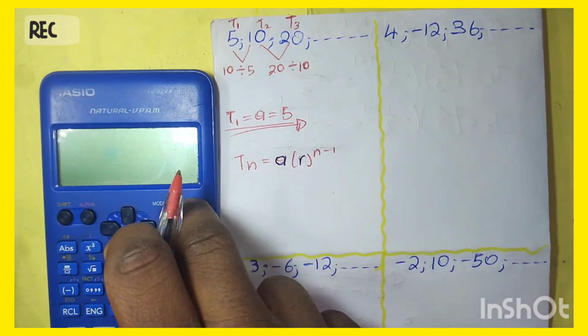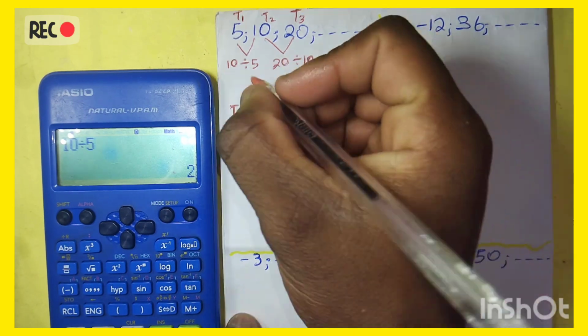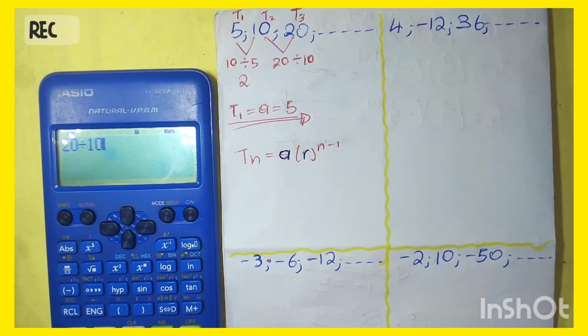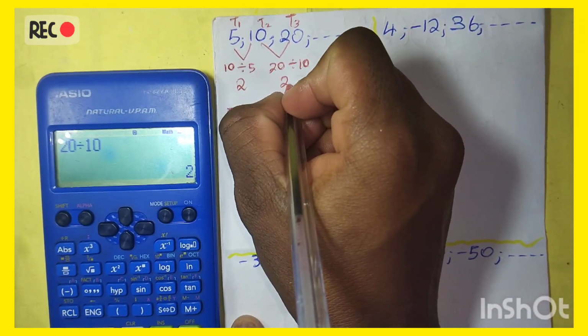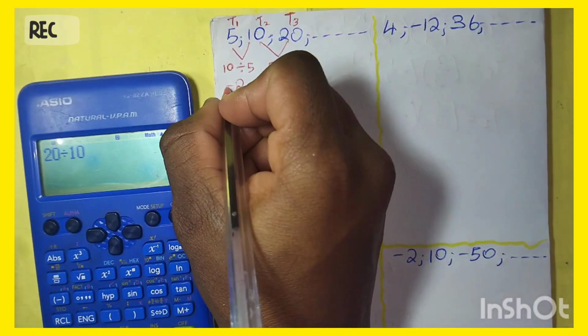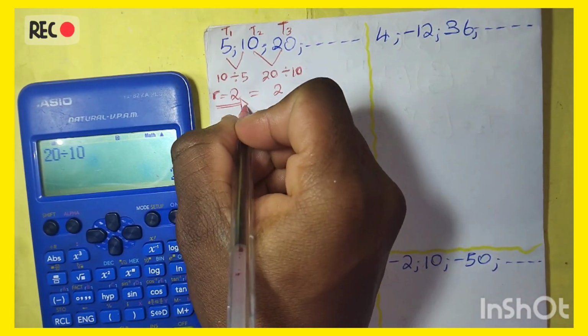So when I press my calculator, right divided by left, I'll just get 2, and here too, this divided by that, I'll get 2. So that 2 is the common ratio. This is r, that's my r there.